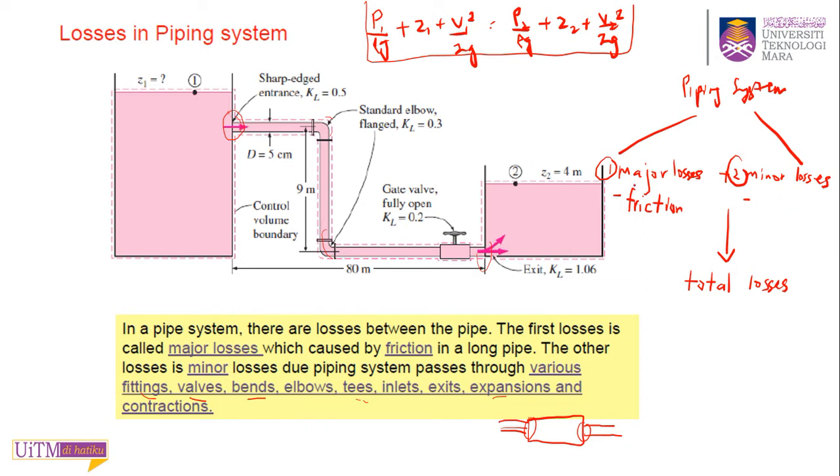When we have calculated these two losses, major and minor, we will know the total losses in our piping system, and these losses can give us the pump power requirement to help this flow.